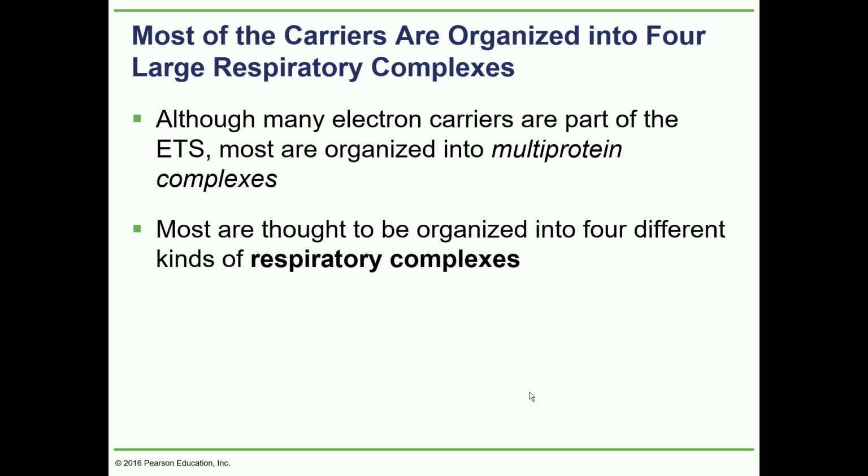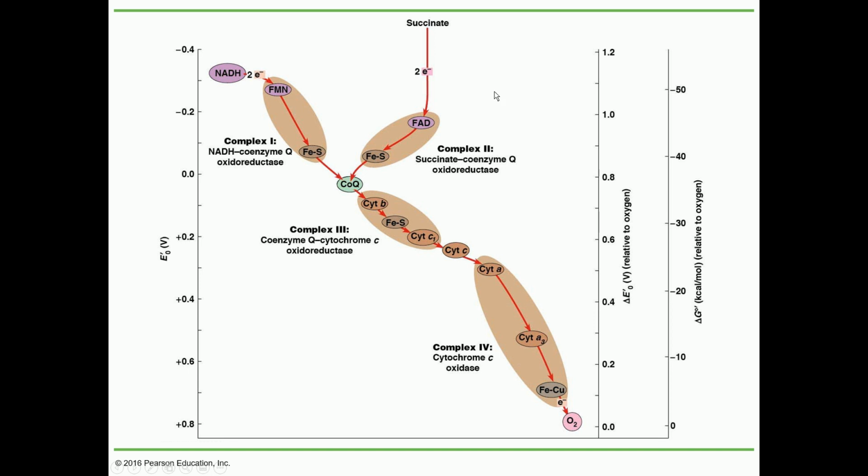So all the proteins we have discussed, other than ubiquinone, are protein complexes which are present in the electron transport chain, and there are four protein complexes, or four large respiratory complexes, which make the electron transport chain.